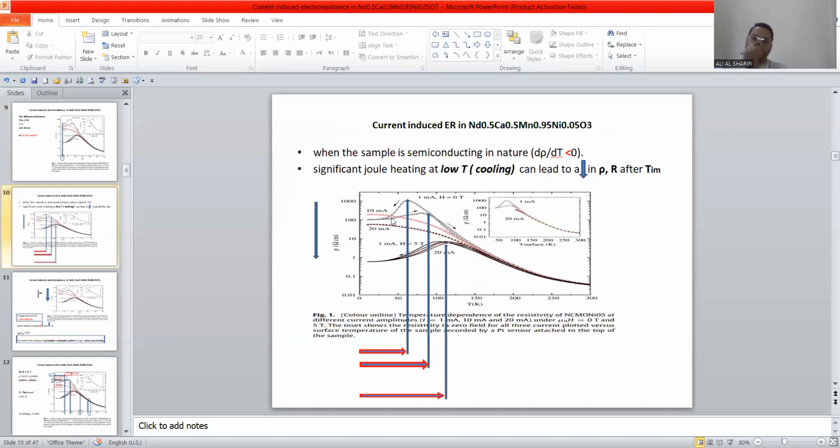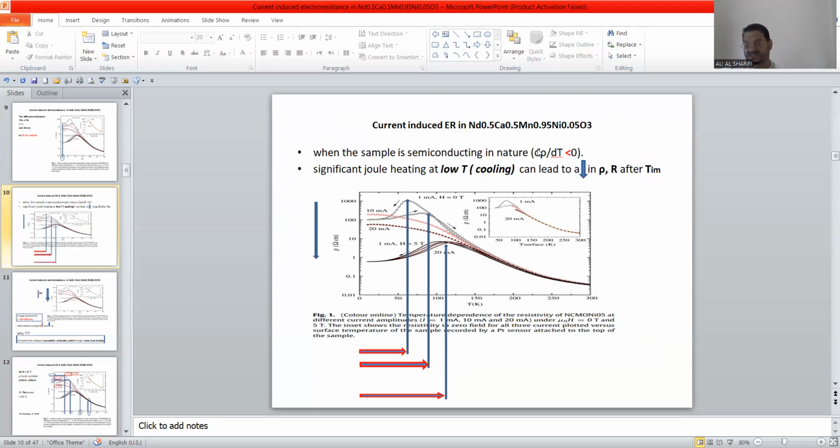Here, when the sample is semiconducting at natural, this equation, the derivative of resistivity with respect to temperature, is smaller than 0. Significant Joule heating at low cooling can lead to a decrease in resistivity.